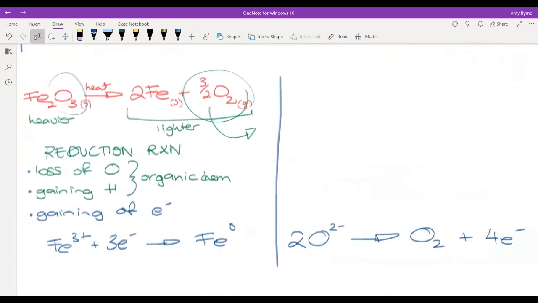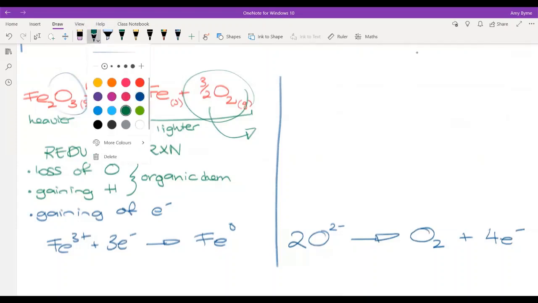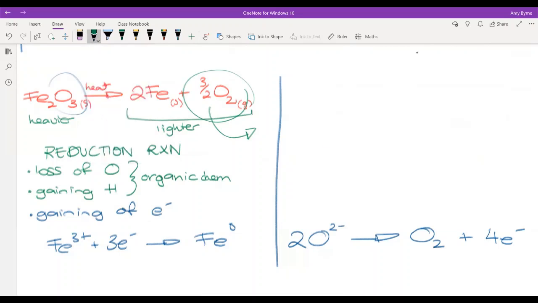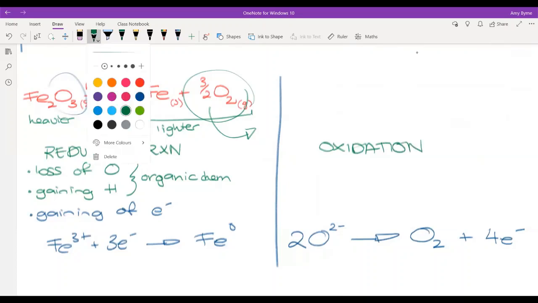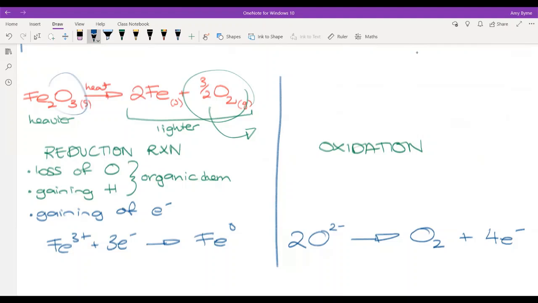The opposite of reduction, as I talked about earlier, is oxidation. So my oxide ion is undergoing oxidation because it is a loss of electrons.